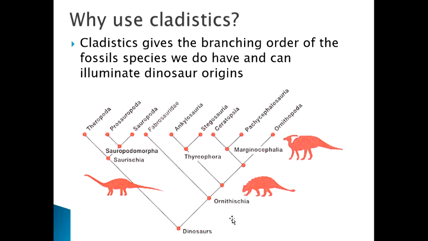It doesn't say that Ornithischia originated in the Triassic and Saurischia in the Jurassic or anything like that. There's no time implied in this cladogram. Cladograms are simply an arrangement of morphologic characters. It's going to be different from some other trees you're going to see later.